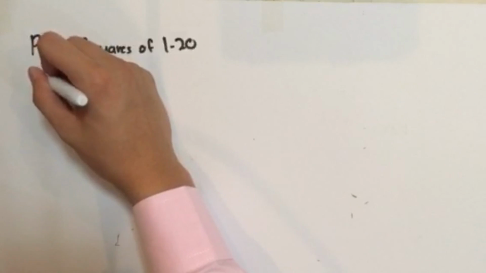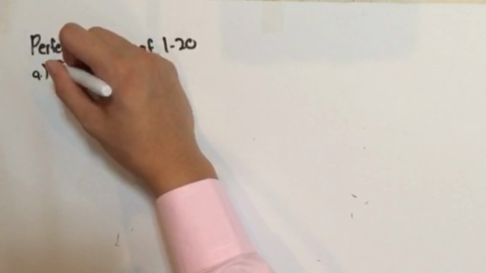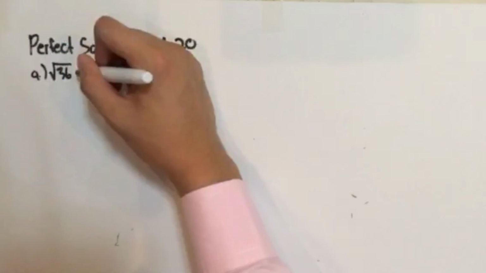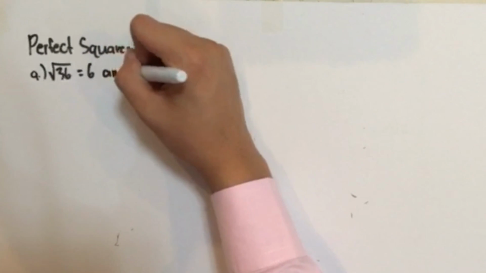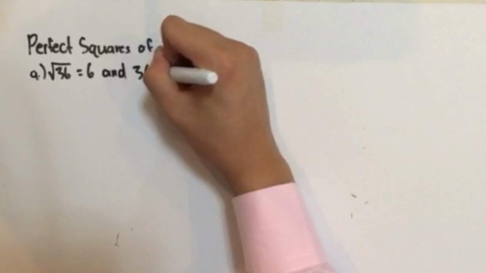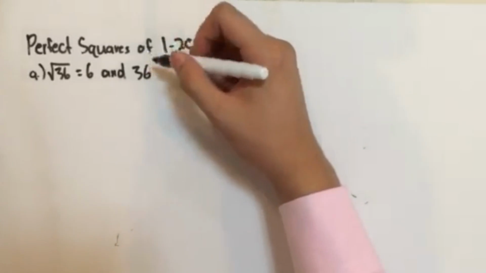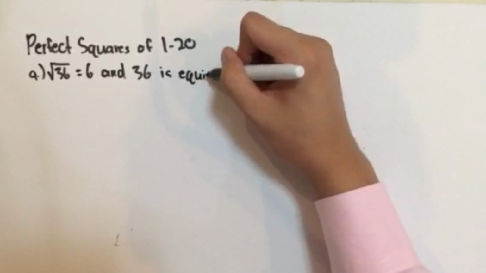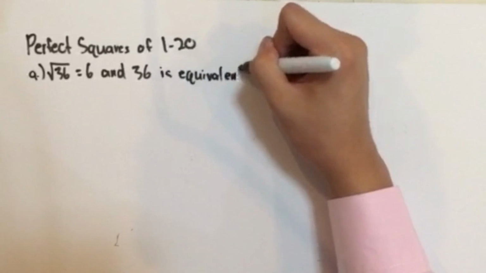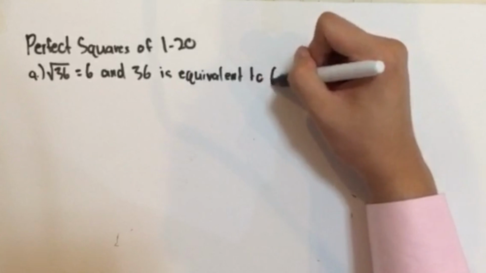For example, square root of 36 is equal to 6, and 36 is equivalent to 6 squared.